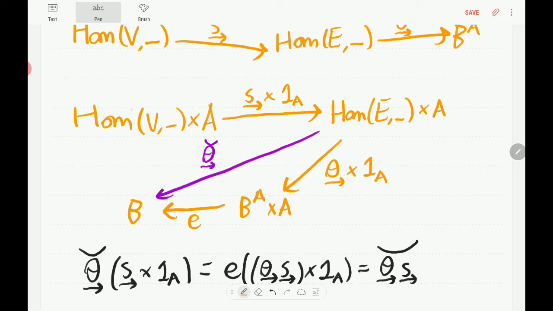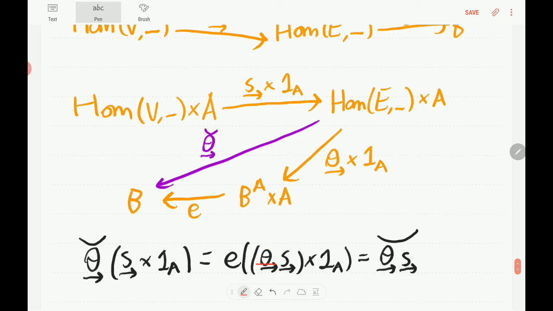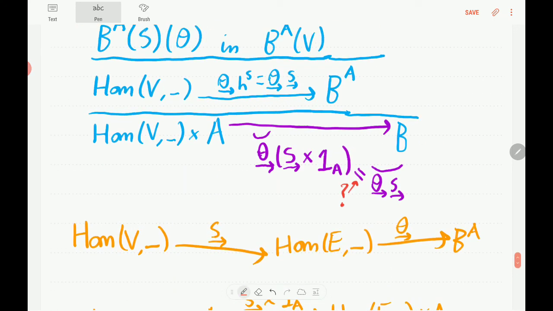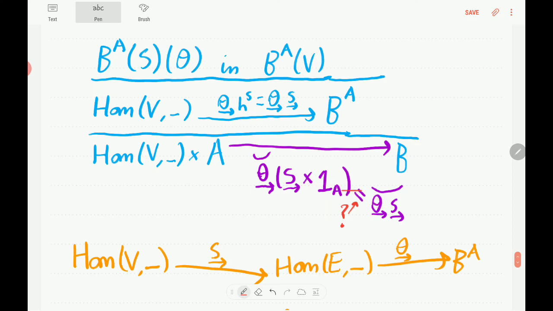Now, if we compose all the orange arrows, we see that this is equal to e after theta under arrow after s under arrow, all times identity a. And that's clearly going to be equal to the anti-transpose of theta under arrow after s under arrow. And so left-hand side equals right-hand side. That gives us the equation we were looking for.